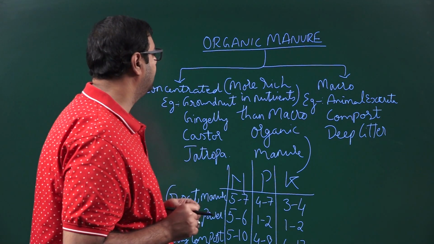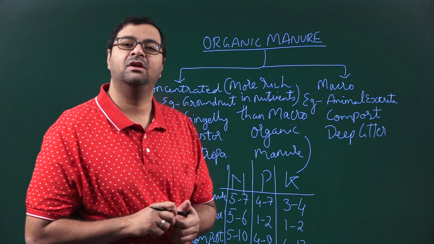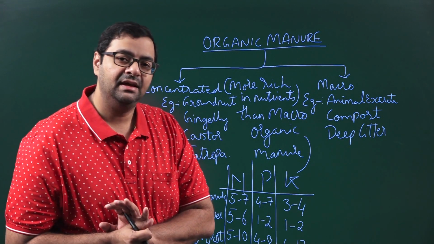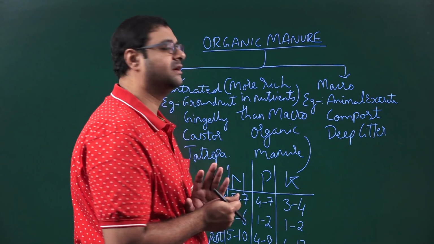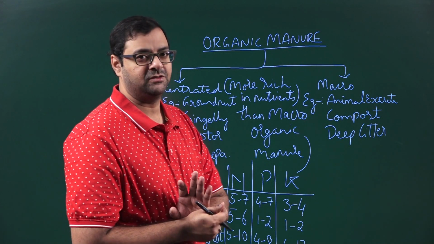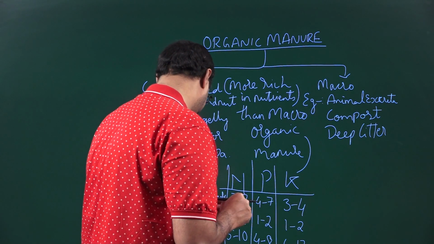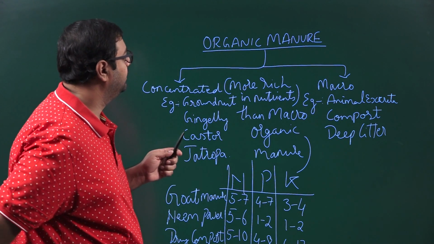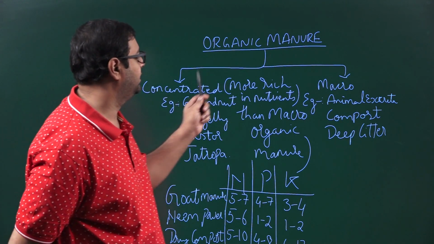Organic manure is also eco-friendly. That means it is environmentally friendly because it doesn't damage the environment in any manner, and it also doesn't release any greenhouse gases into the atmosphere, which is a good thing. So basically, organic manure is categorized into two types: concentrated and macro.